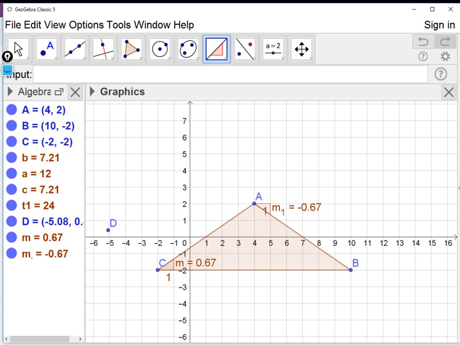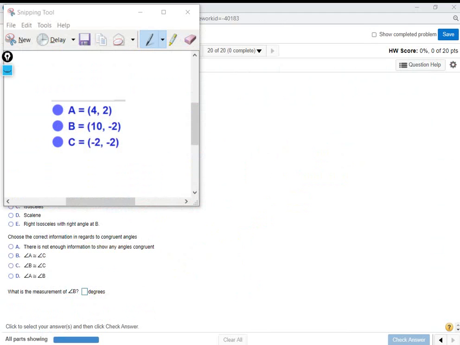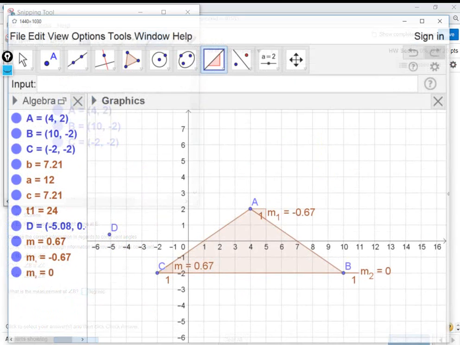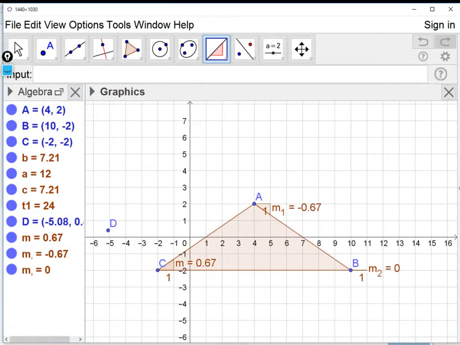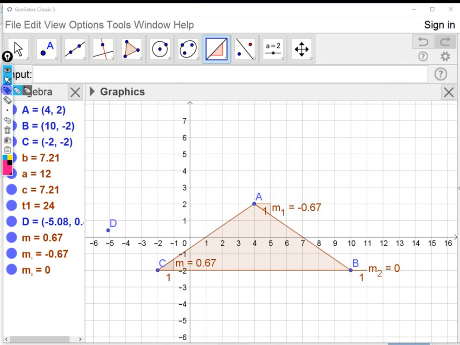Those are the exact values we came up with, and we also found the slope of that one to be 0. Is everybody okay with that? Do you remember why we might be interested in determining the slopes of lines in regards to being able to identify an angle or a feature about an angle?